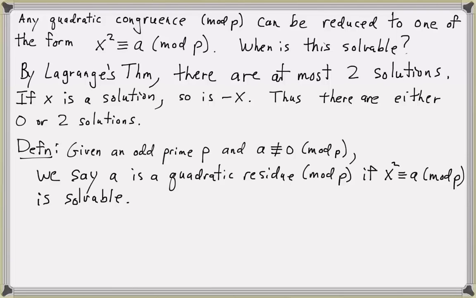So if we can find a value x such that x squared is congruent to a mod p, then we call a a quadratic residue mod p. If we can't solve this congruence, if there is no x such that x squared is congruent to a mod p, then we call a a quadratic non-residue mod p.